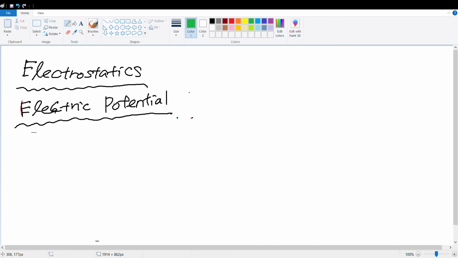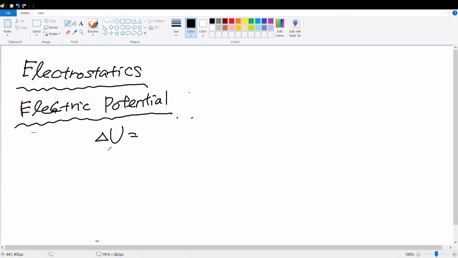This is the electric potential energy, which is U. U is the work done to bring a charge from infinity to that point in the region of an electric field.